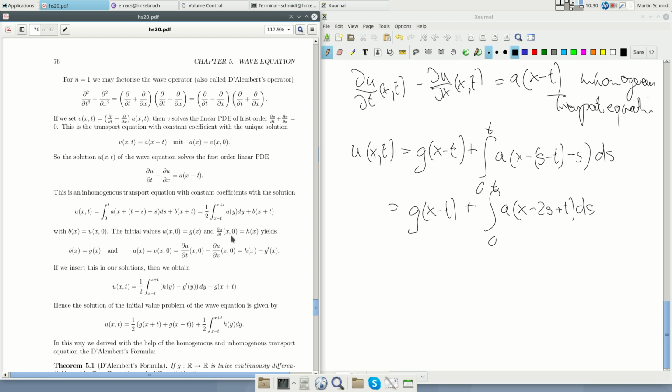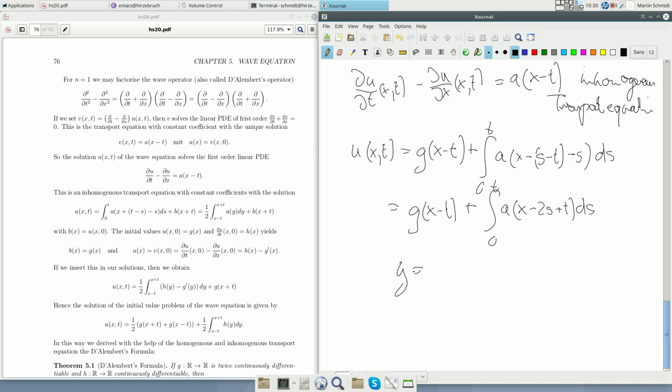Now we substitute. We call y equal to x minus 2s plus t. Then we clearly have that dy is equal to minus 2 ds. For s equals 0, what comes out? Then we have x plus t. And for s equal to t, we have x minus t.